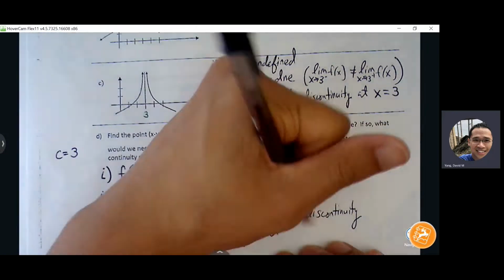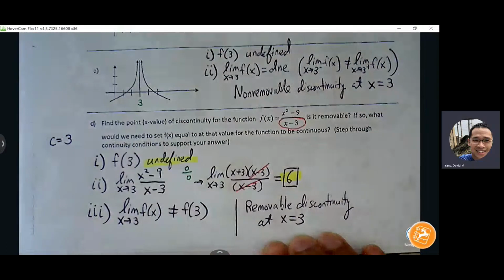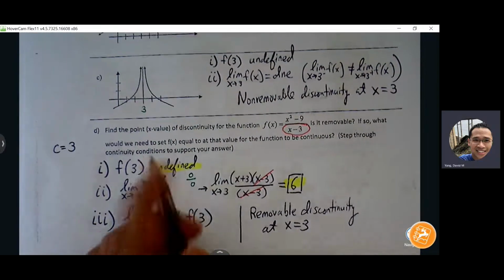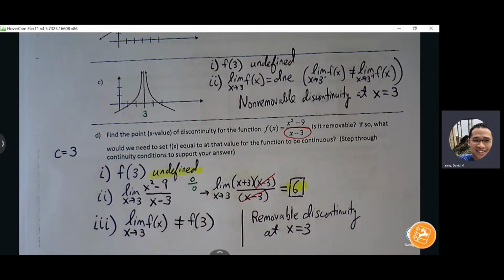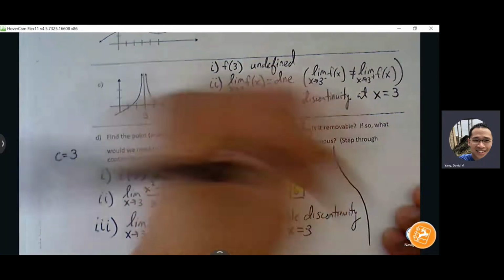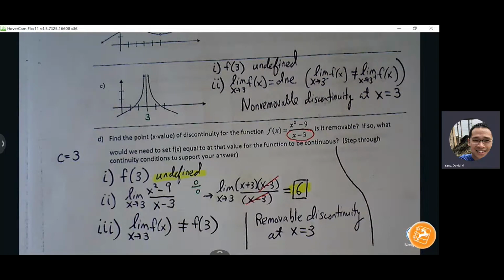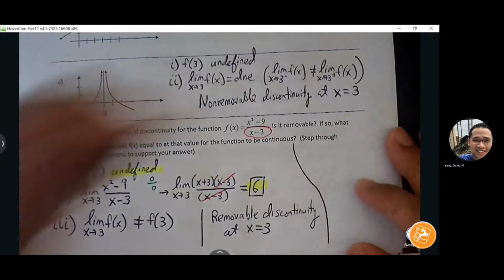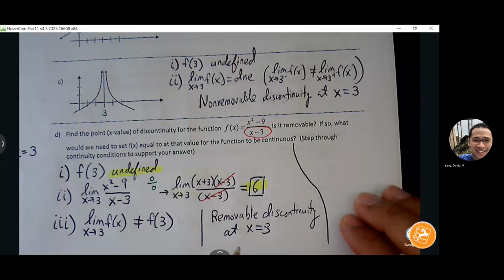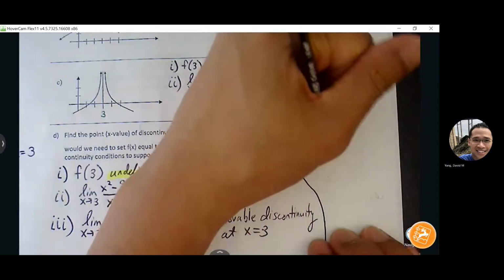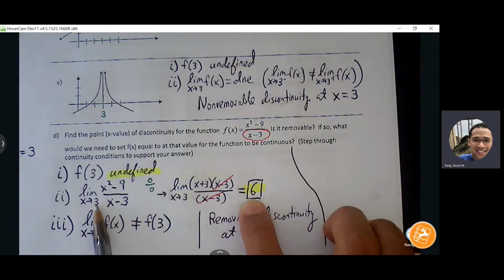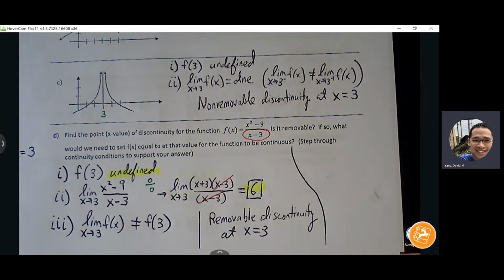One last thing here, guys, at x equals 3. There's a hole in the graph. We know that if there's a hole in the graph, it's only one point away from being made continuous. So what can I do to make this function all of a sudden continuous? Where's the hole? (3, 6). So all we need to do is define the point at (3, 6).